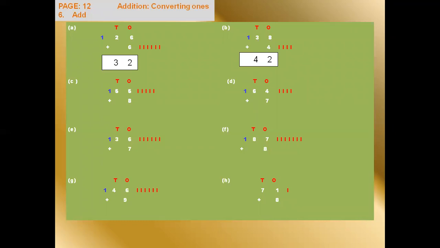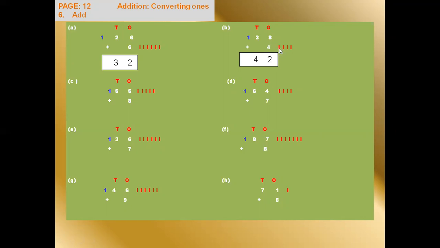Next question is 38 plus 4. So again I tell you first we add ones. So under the ones 8 and 4. 8 plus 4. So 4 is the smaller digit.